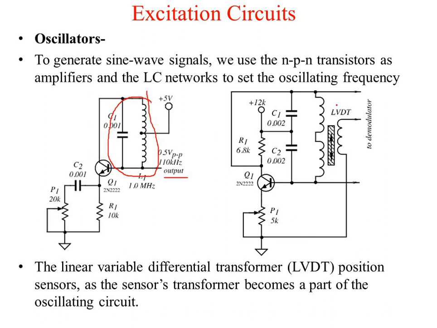When your circuit is moving like this, this rod will move either in this direction or in the upward direction. The electromagnetic induction that we have already studied, the flux linkage with either L1 or L2 will change, and accordingly the values of L1 and L2 will change, and because of that the overall frequency will change, and that frequency will be proportional to your displacement.